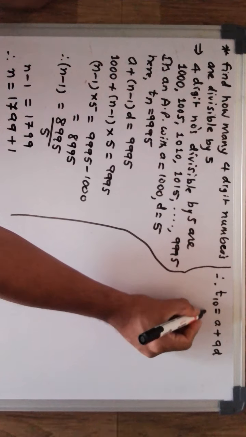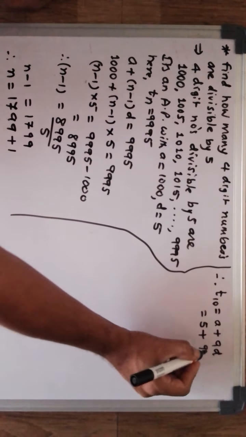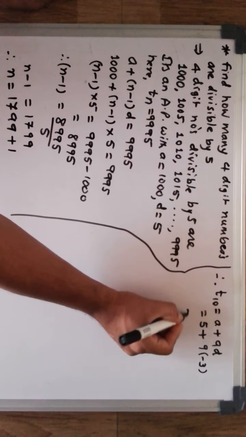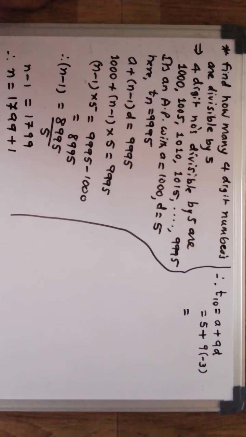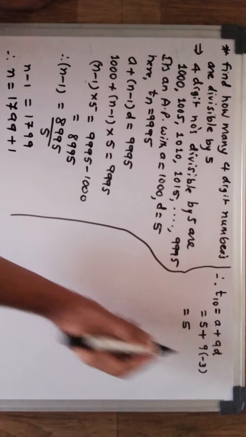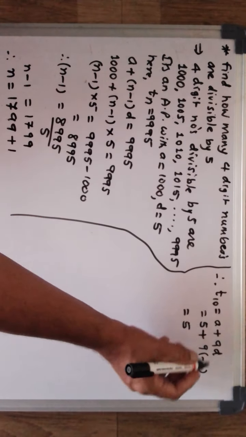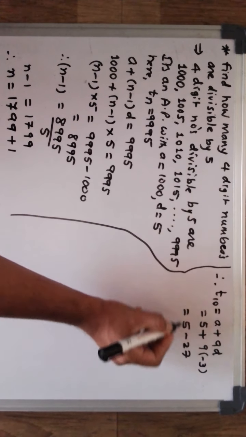So a being your 5 plus 9 and d being your minus 3. So your 10th term will be 5 plus, into minus, is minus 27.